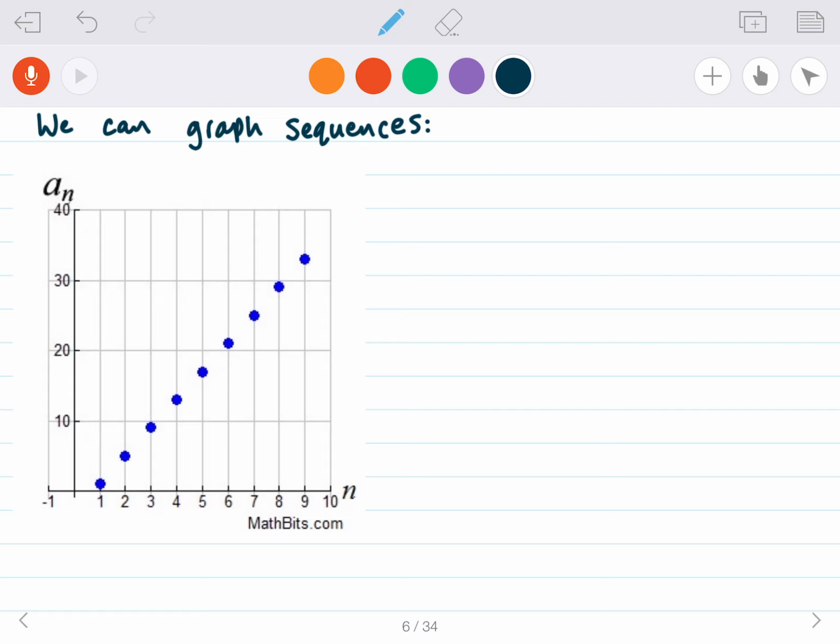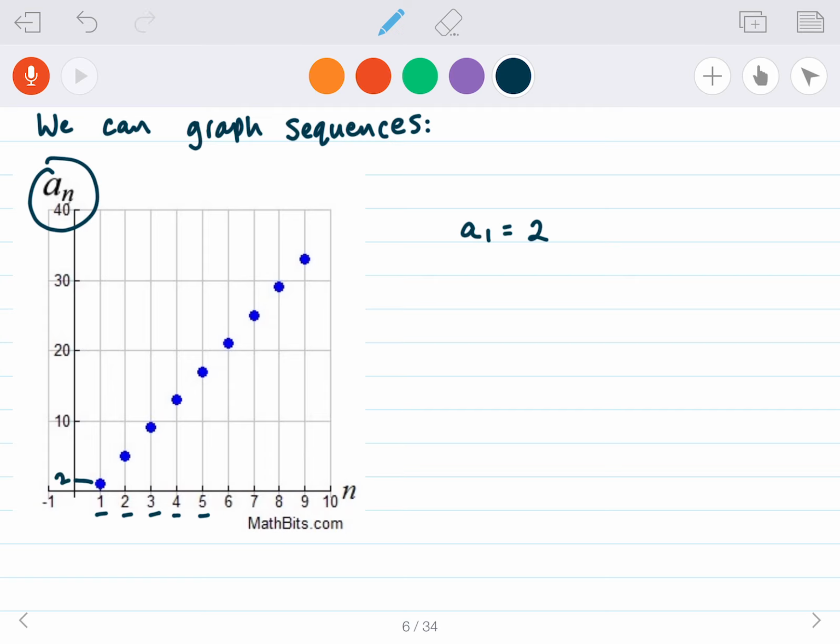We have the terms in our sequence on the y-axis along with the term number on our x-axis. Just from looking at this graph, we can say that the first term, a sub 1, looks to be about, I don't really know, I would just say this is like 2 or something. Maybe that's not a great estimate, but this looks like about y equals 2.